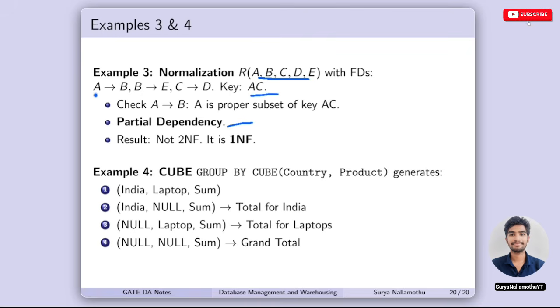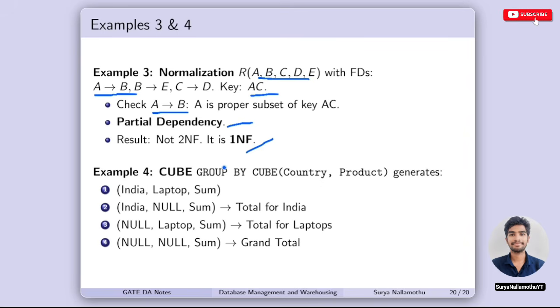And the condition is A tends to B. It means A is a proper subset of AC, but A determines B. It means there is a partial dependency with C and B. In this case it fails 2NF, so that's why it is in 1NF form.